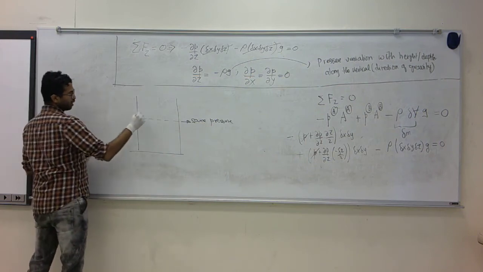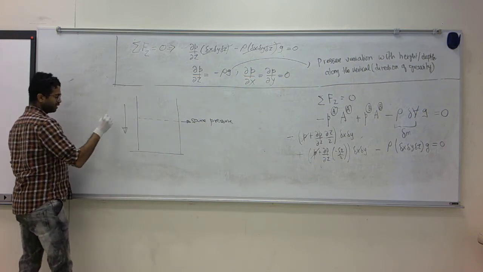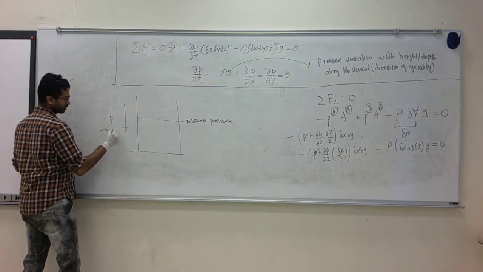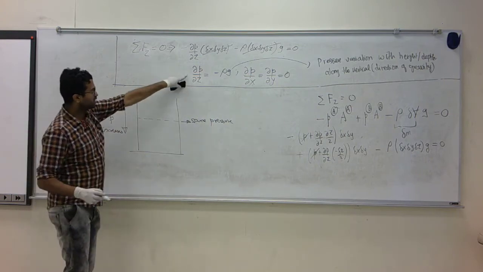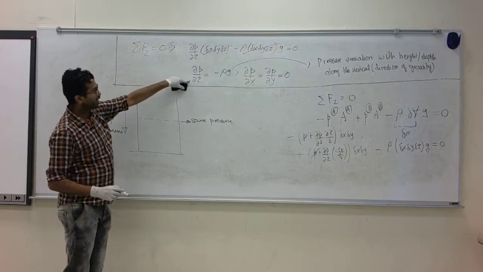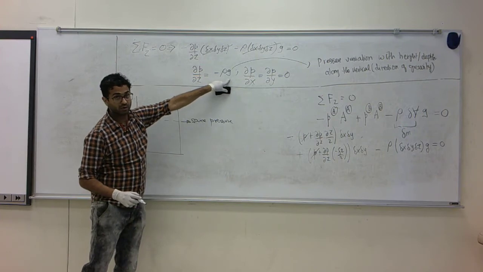Okay, if you go down in this direction, pressure increases. What this statement says is the pressure changes with height at the rate of minus rho g.